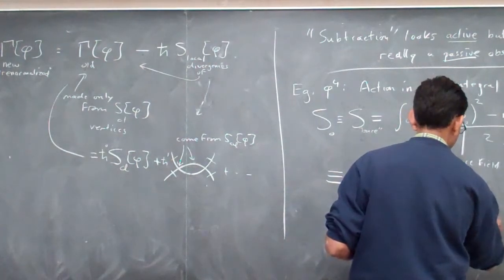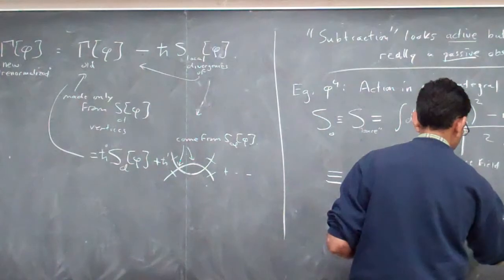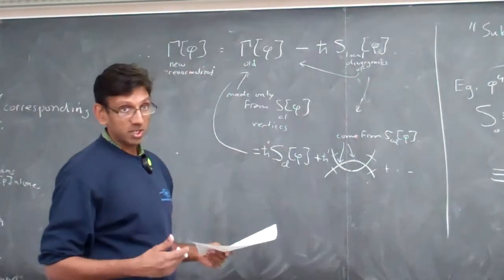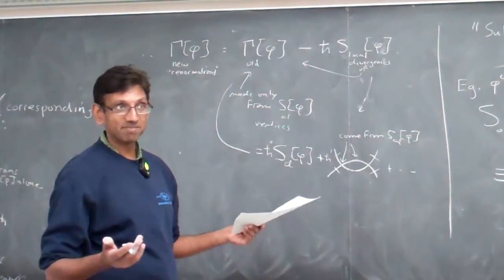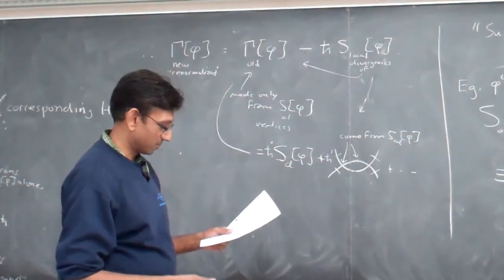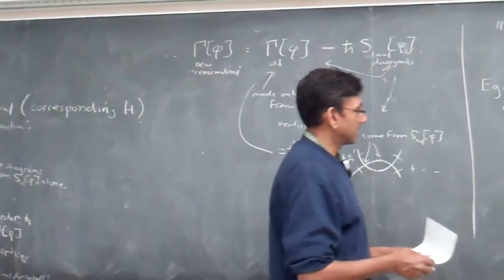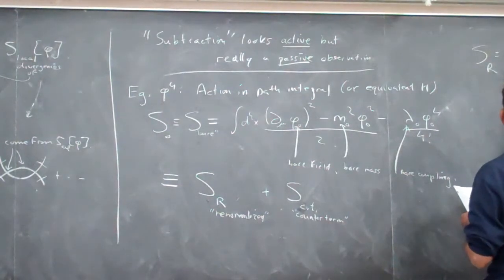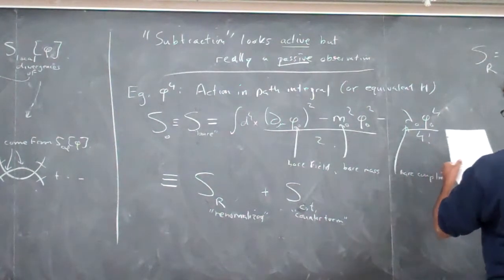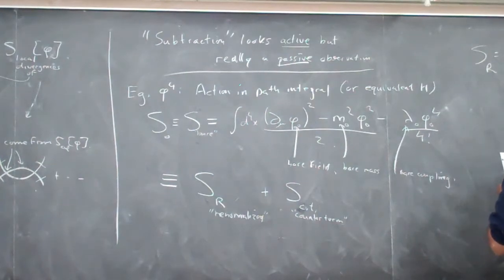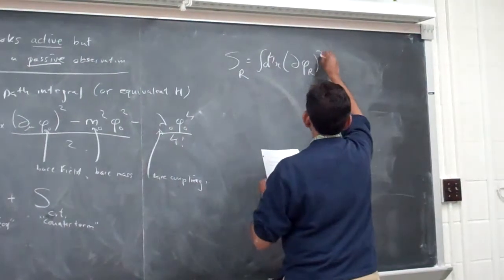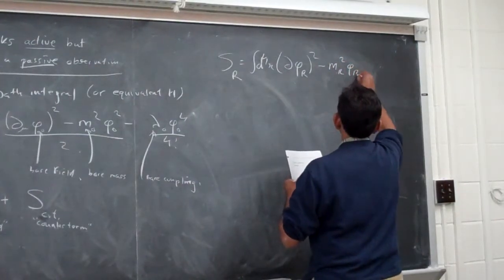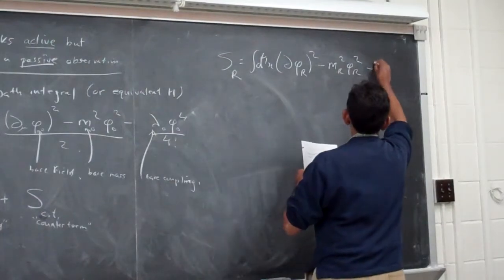Here we're just making this separation. As I said, it's a passive move. And S renormalized has a self-similar form to this bare action, but with a renormalized field, a renormalized mass, and a renormalized coupling.